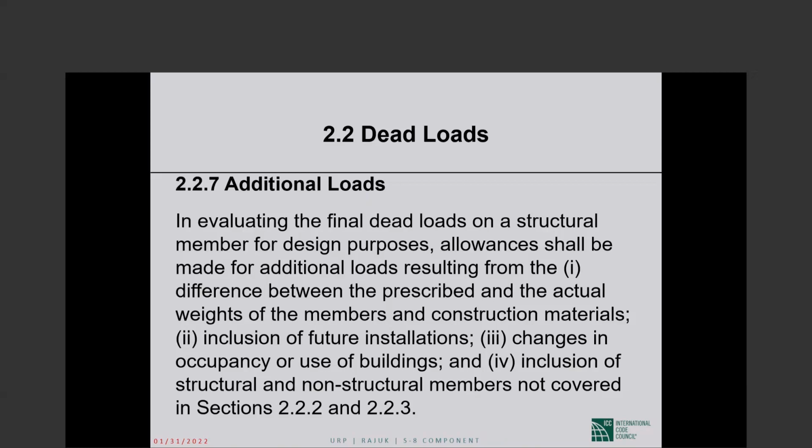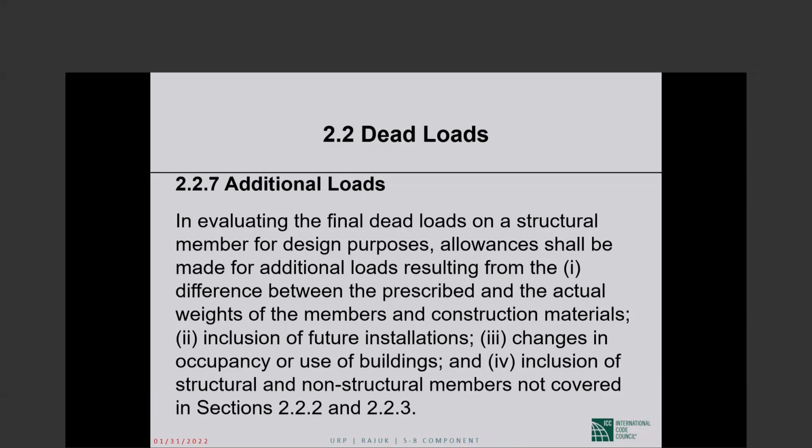So again, the only thing that I know is commonly done is designers quite often would design for significantly higher live loads than prescribed in the table in the code.